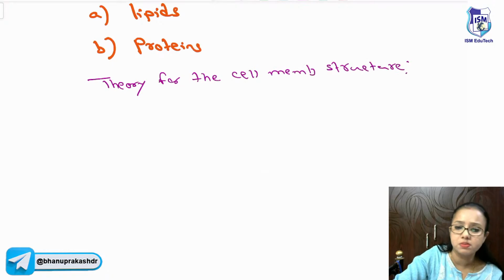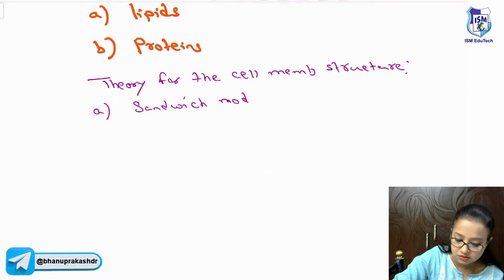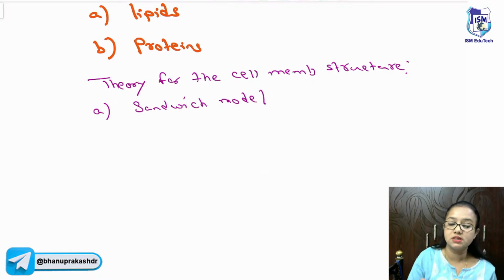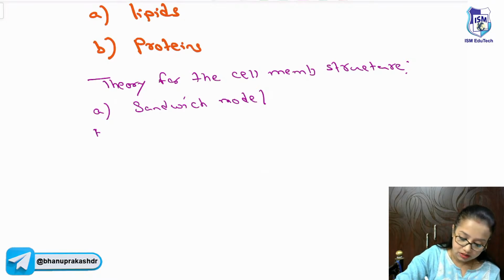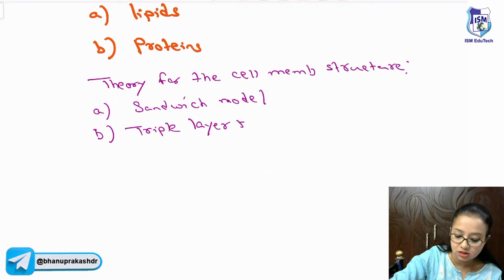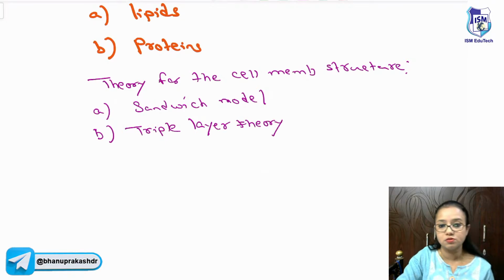First, there was a sandwich model of the cell membrane, which says that the protein was in the middle and there were layers of lipid on either side. But that became obsolete. It could not satisfy the function that the cell membrane was carrying out. Then there was a triple layer theory also, with a triple layer of lipid and protein, but that was also not proven.